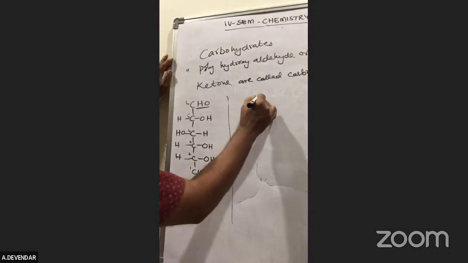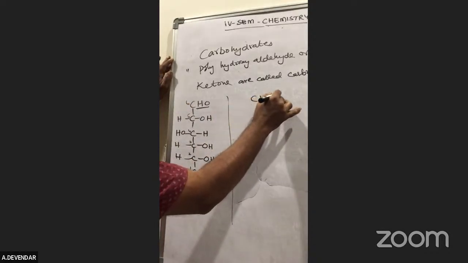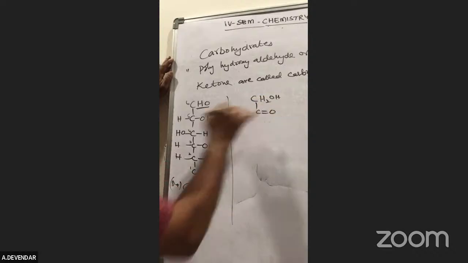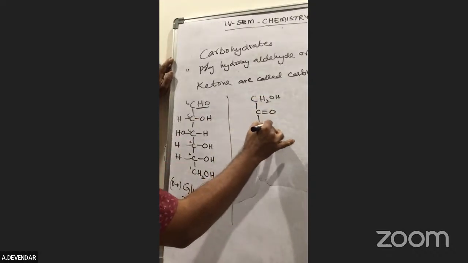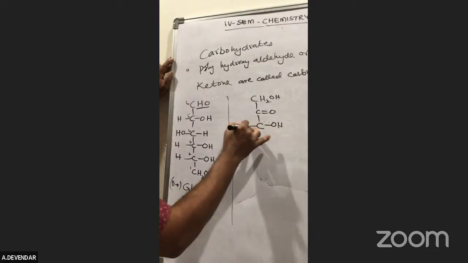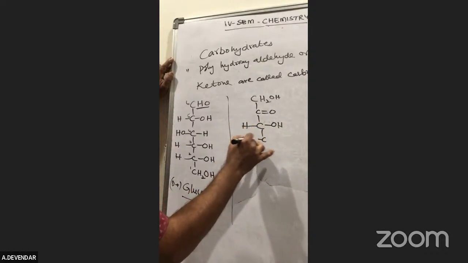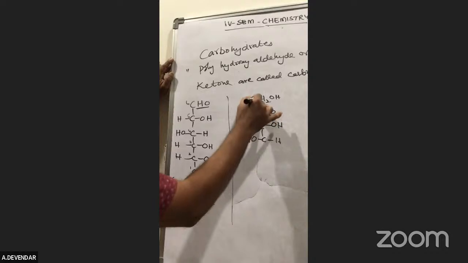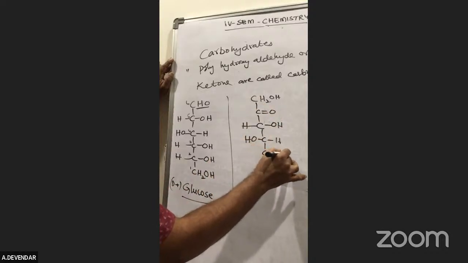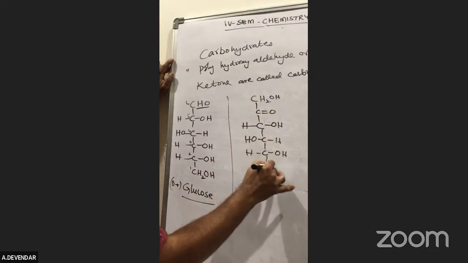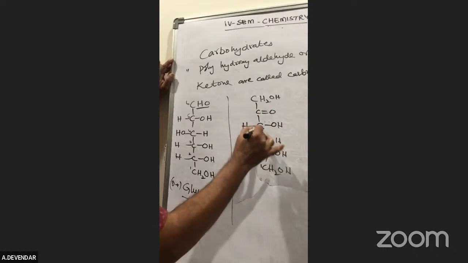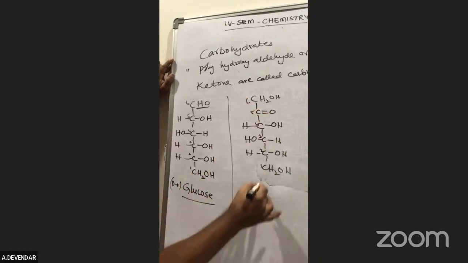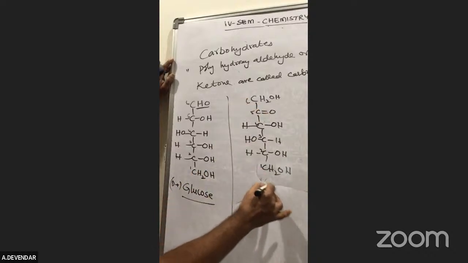Next we have CH2OH, C double bond O, CHOH, O. Okay, 1, 2, 3, 4, 5, 6 carbon. This is called fructose.